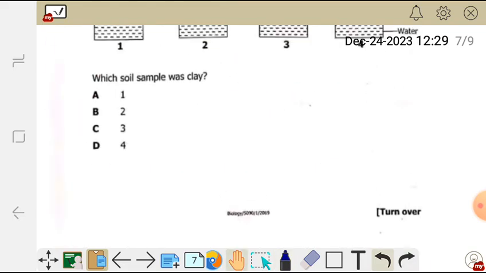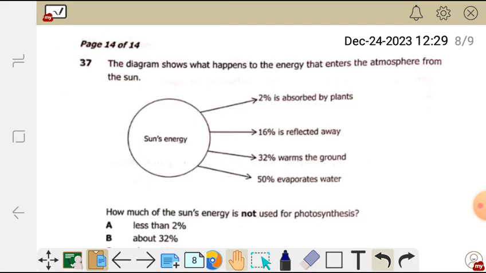Question 37. The diagram shows what happens to the energy that enters the atmosphere from the sun. So it is showing what happens to the sun energy that enters the atmosphere on Earth. So 2% is absorbed by plant, 16 is reflected away, 32 warms the ground, 50% evaporates water.